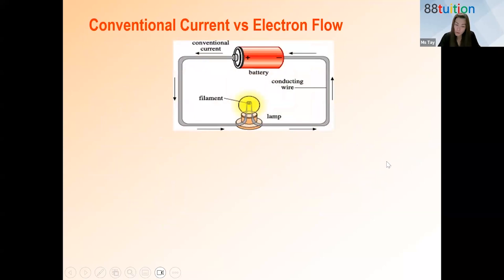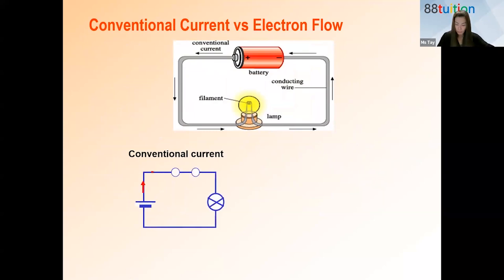So just now I showed you using PHET, conventional current versus electron flow. So current will flow in this manner from the positive terminal outwards, and then close the circuit, it will go back via the negative terminal. But that's not how electrons actually flow.